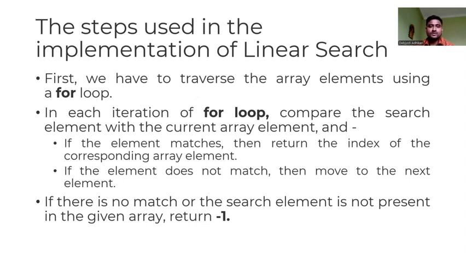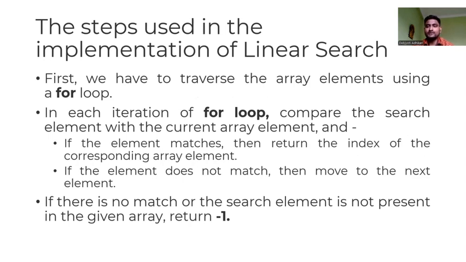The steps to execute the linear search. First, we have to traverse the array elements using a for loop. So here we are using a for loop to traverse the whole array. Then in each iteration of the for loop, compare the search element with the current array element.